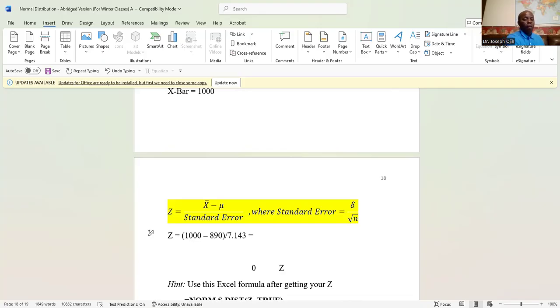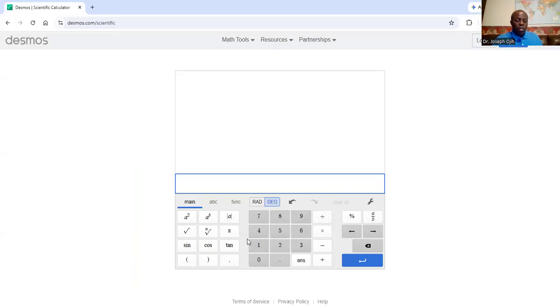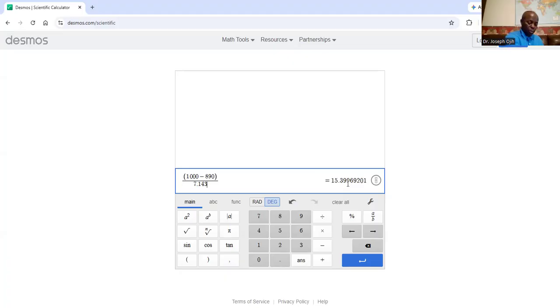We're just going to put it on the calculator. 1000 minus 890 divided by 7.143 gives me approximately 15.4, because I got it right here, 15.4.